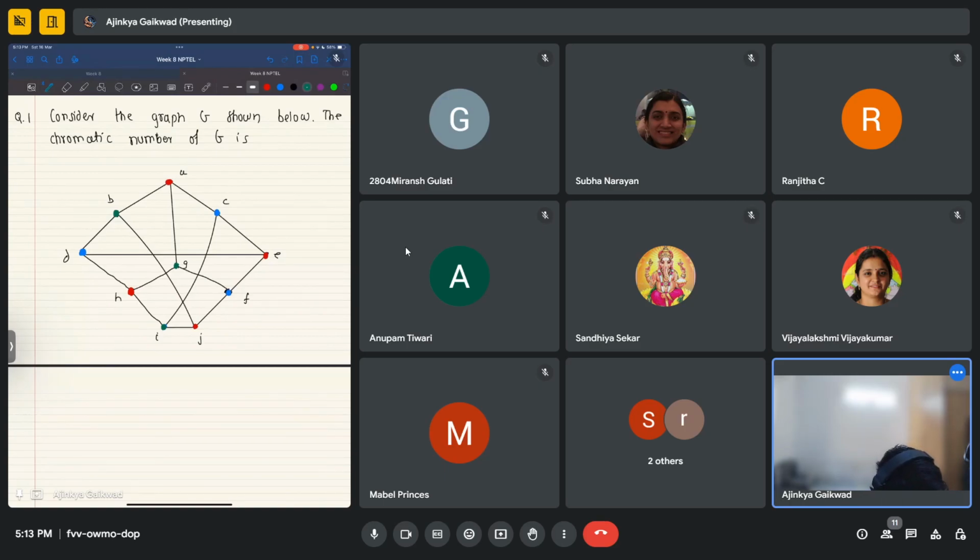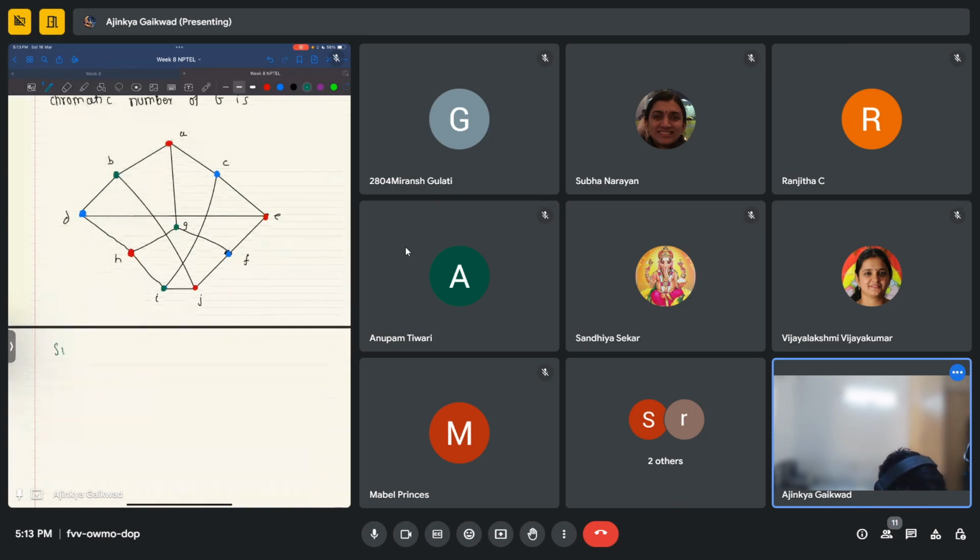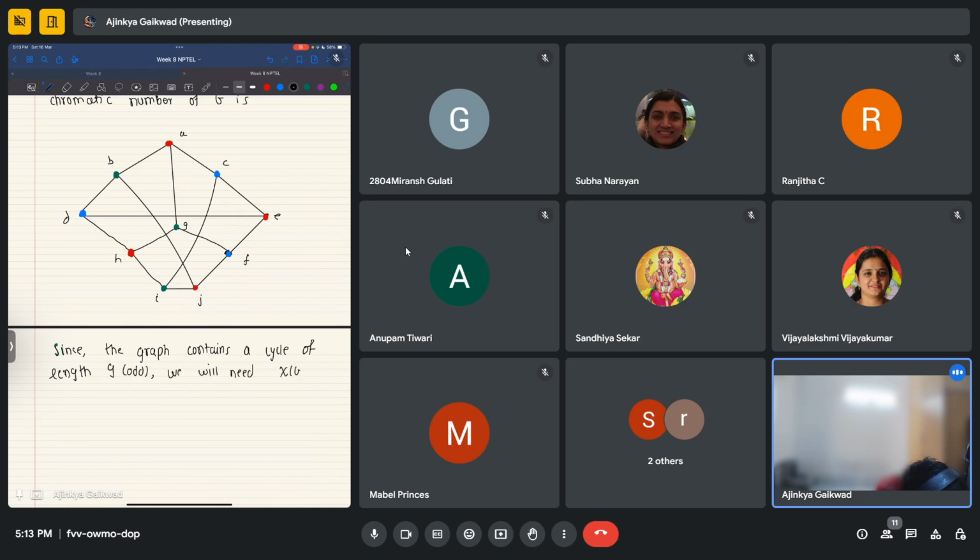So let me write a little bit. Since the graph contains a cycle of length 9, which is odd, we will need at least 3 colors. We will need chi of G to be at least 3.